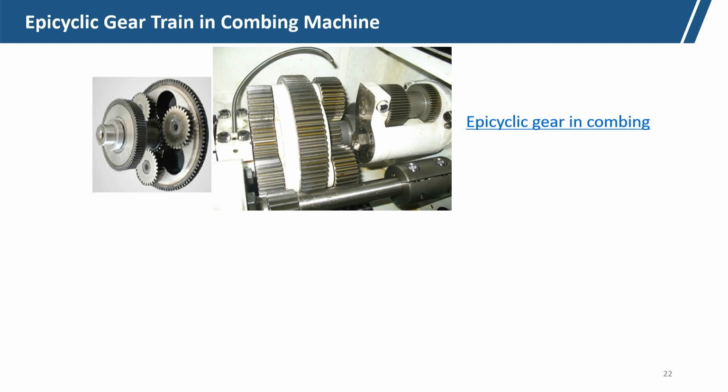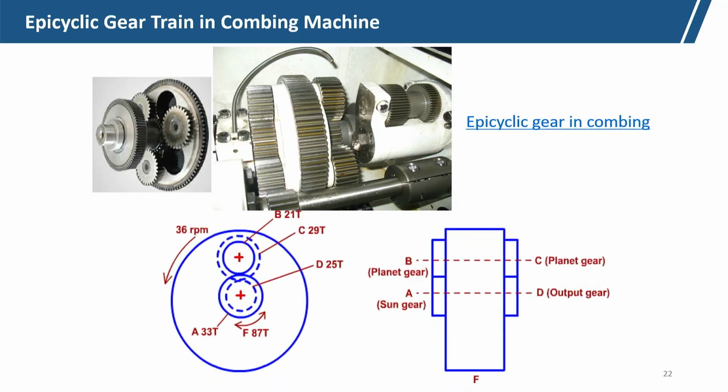So, this is the epicyclic gear system of a comber, and the photograph is given here. Now, this is the schematic diagram of the epicyclic gear. Here, A is a sun gear. The sun gear has got the motion which is intermittent motion.